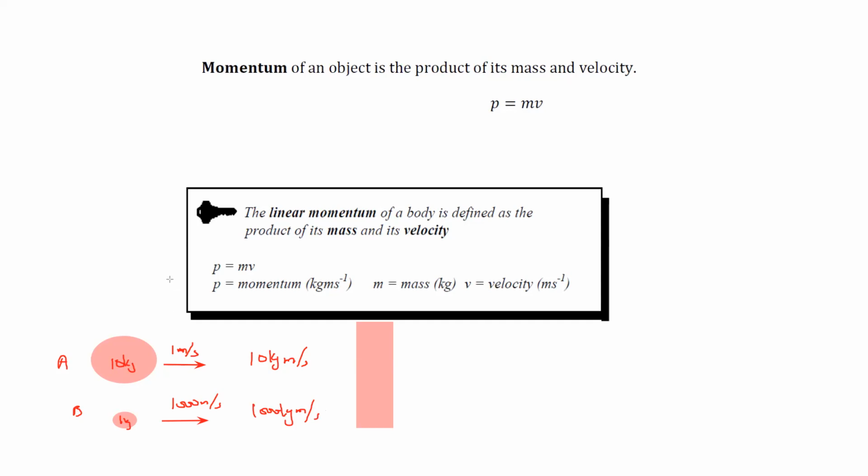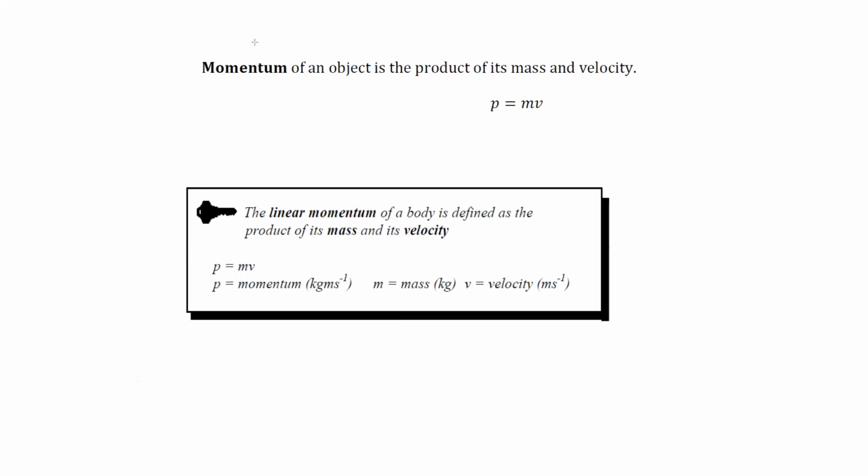You have to know the velocity at which the object is moving. So to calculate the momentum, we multiply the mass with velocity. Is the concept of momentum clear?